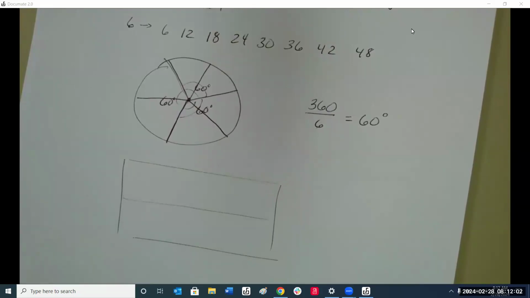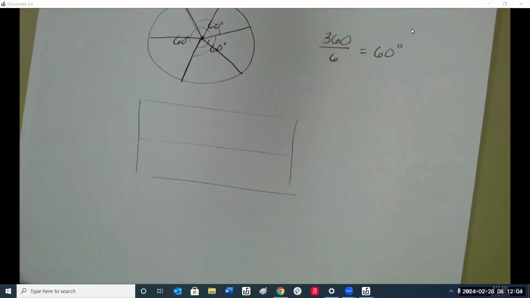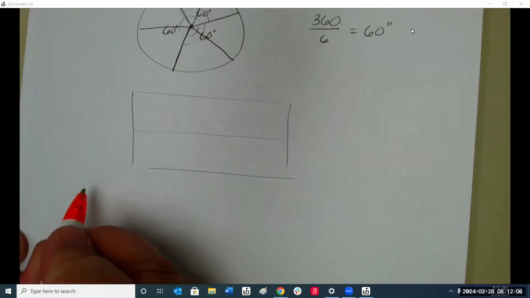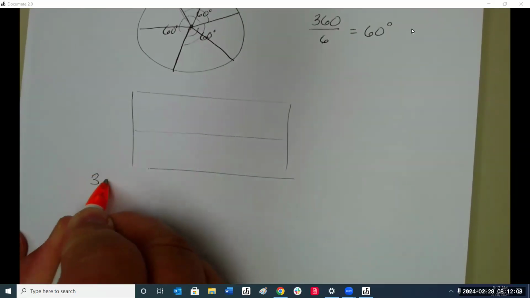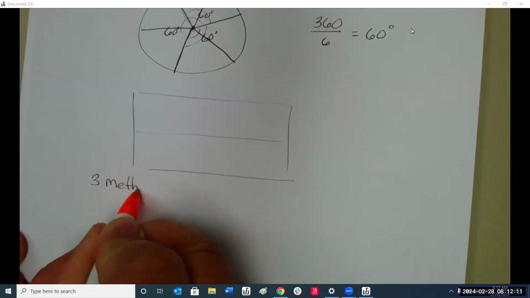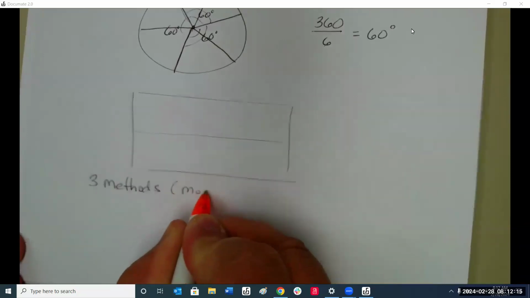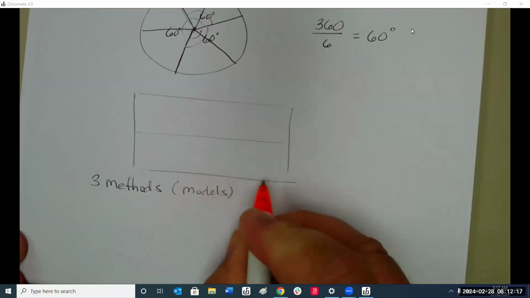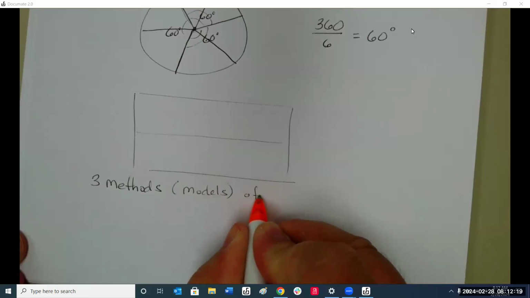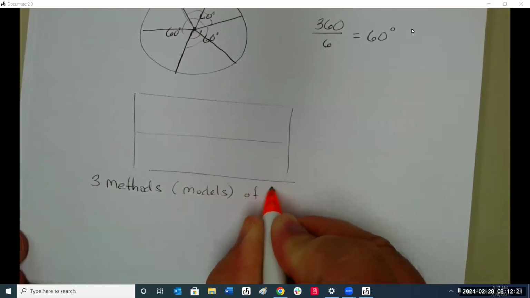Okay, so let's look at the three methods we're going to look at this morning. Or the models. Or for division.